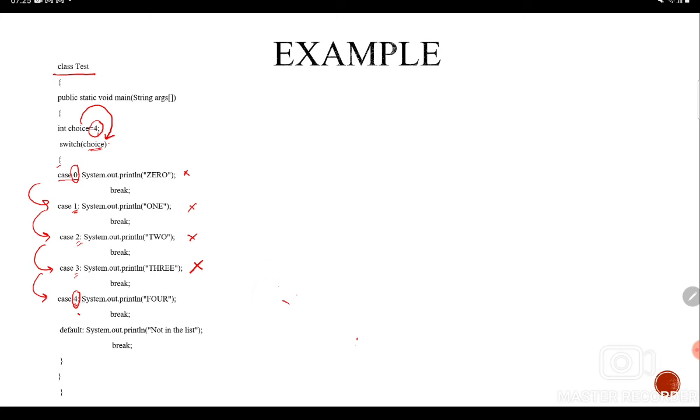So this condition is true, that is why the system will print 4, and once this condition is matched, it will simply come out of the block and continue execution from here. Now suppose I had mentioned case 5. 5 and 4 do not match, that means this condition would also not have been true, and in that case the default statement would be printed.